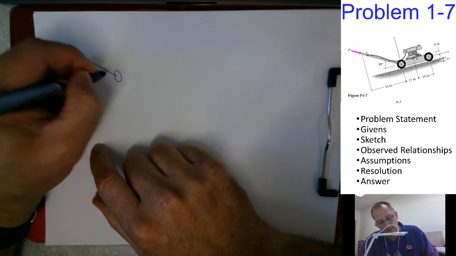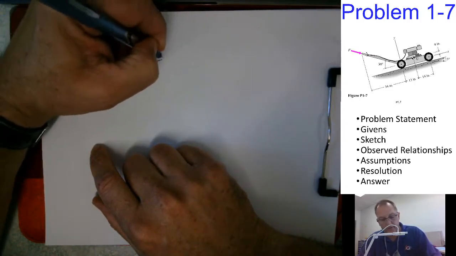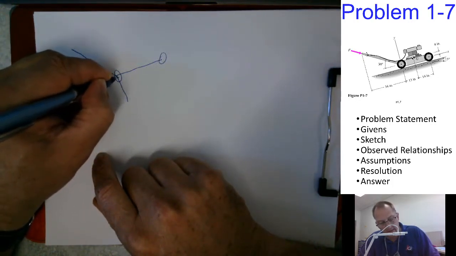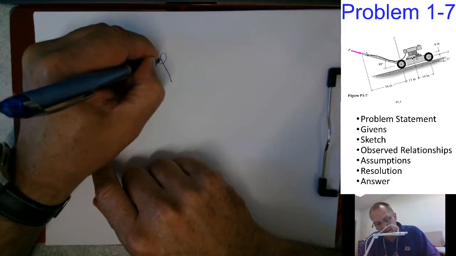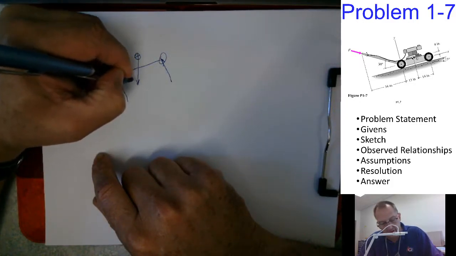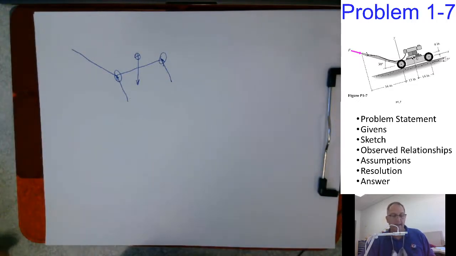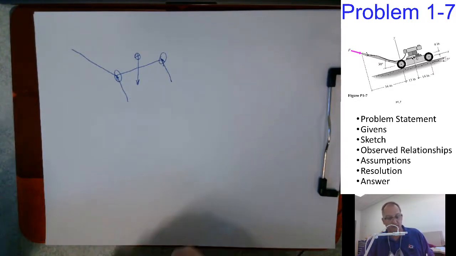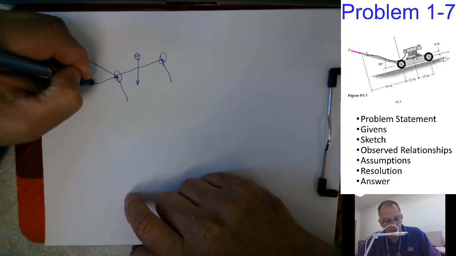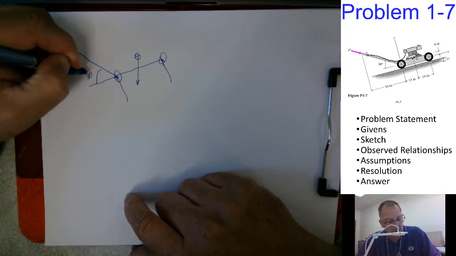I got that, goes back to my rear wheel. My rear wheel is at some angle to this, an angle like that. And I've got a CG which is acting down. Now, someplace I've got to start defining some angles. That is 30 degrees.